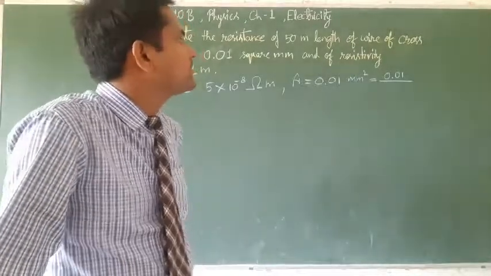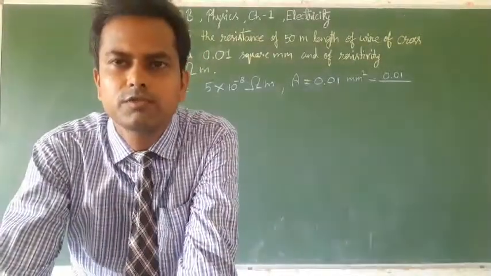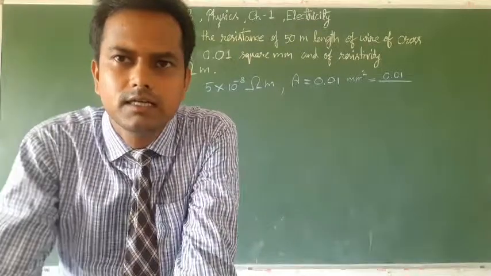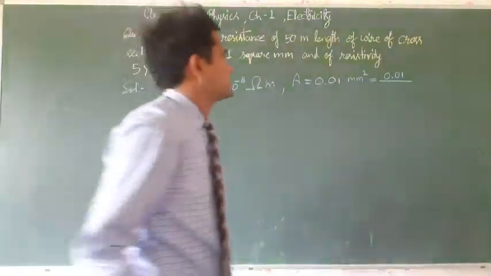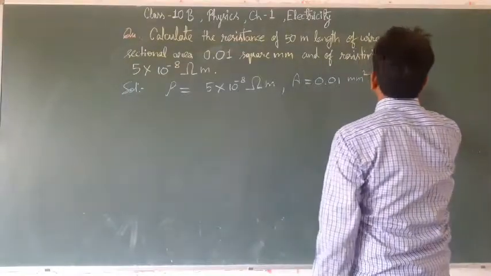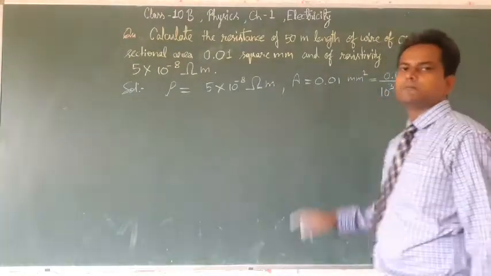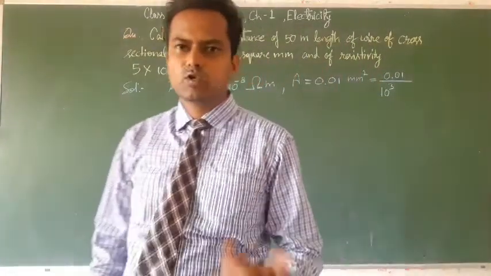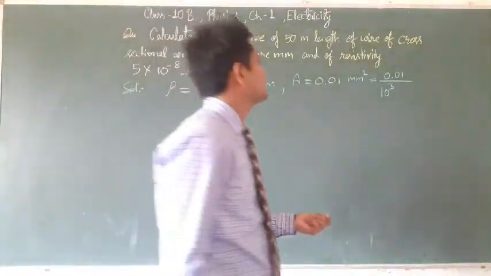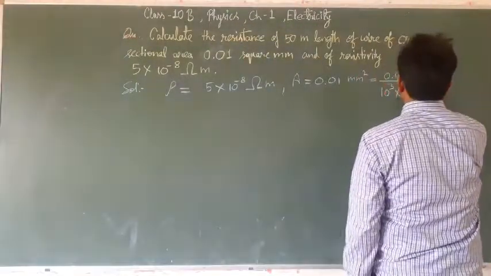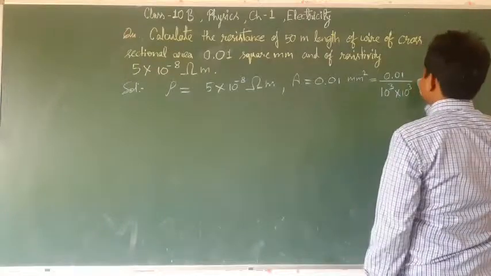It means if you convert millimeter into meter, then you have to divide by 1000. It means 10 to the power 3. But here millimeter is square. It means you have to divide again 10 to the power 3.